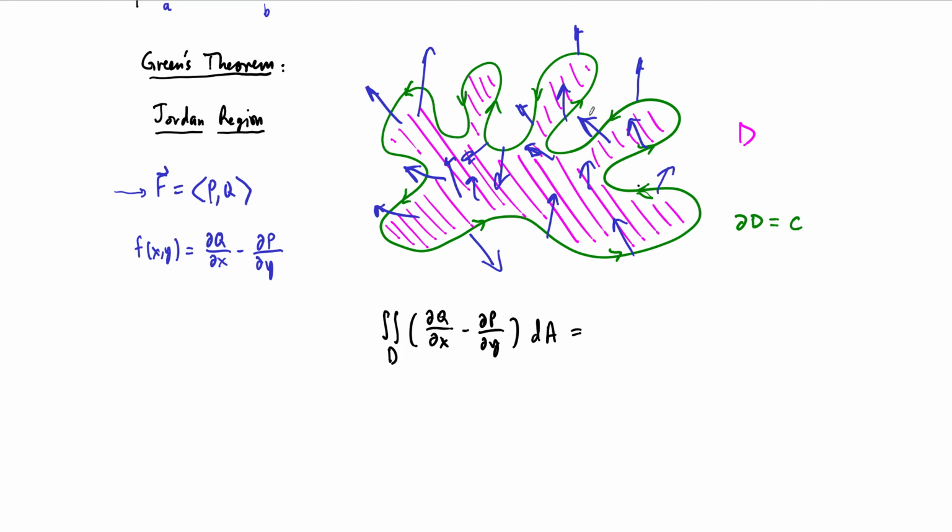In this case, instead of integrating all along the entire region, we can just go along the boundary, and we can reduce our double integral on this two-dimensional region to a one-dimensional path integral, which ends up being F dot dr. And of course, if we want to write out the components, this becomes the integral over C of P dx plus Q dy. That's what happens when you take the dot product here, okay?